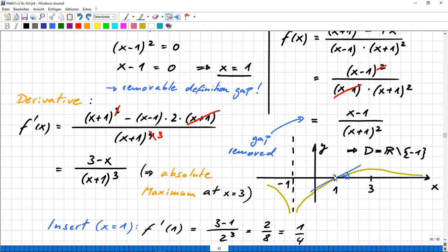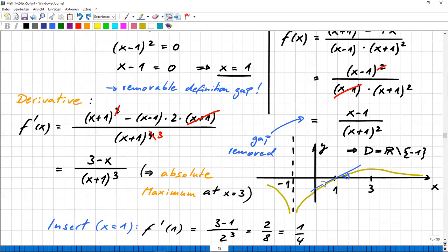So this supposed contradiction which we had has disappeared, right? And as you can guess, the curve will be rather flat, and also this inclination angle alpha, which we're looking for, will be relatively small, even in the classical degree measure.